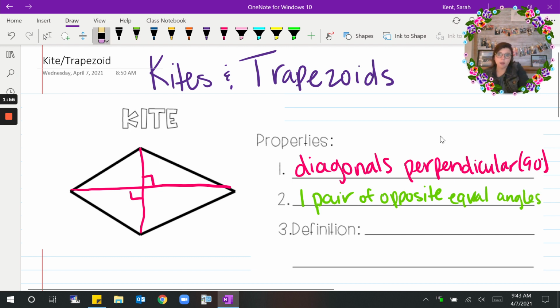One pair of opposite equal angles. And that pair is always going to be the angles that are closest together. So that would be this angle and this angle. Those are going to be equal angles.